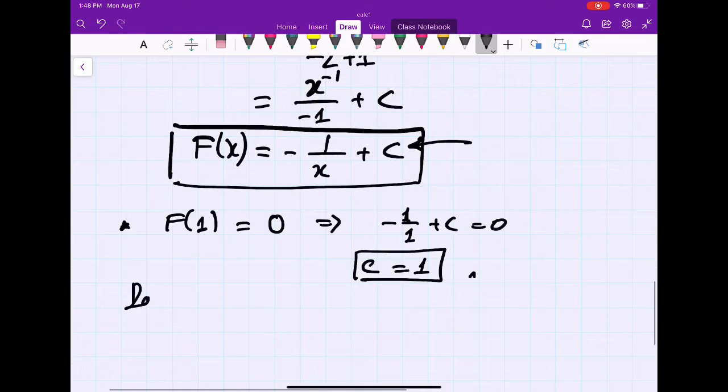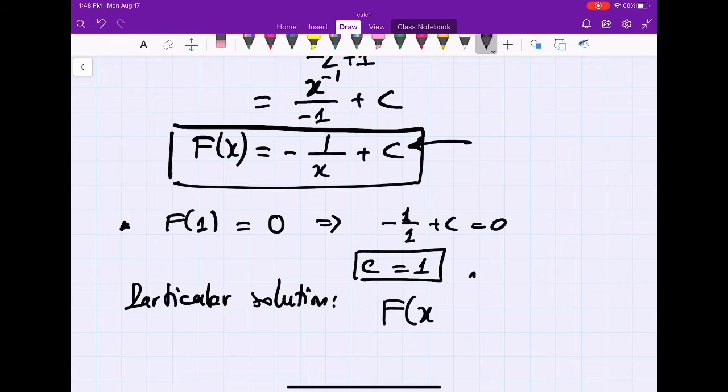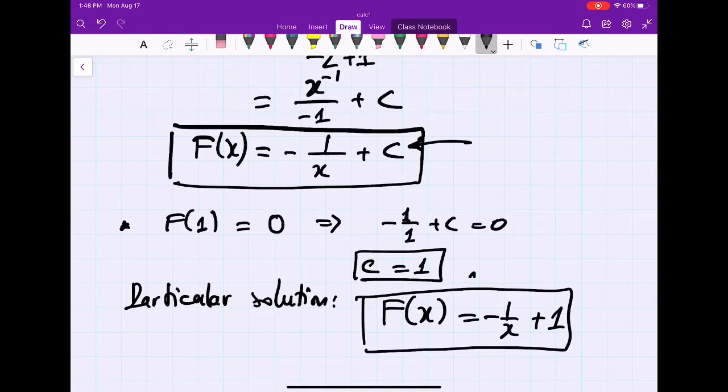So the particular solution is f(x) equal to negative 1 over x plus 1. That's how we can solve differential equations with an initial condition. Basically you need to find the antiderivative, the general solution, and then in order to determine the c, you need to use the initial condition.